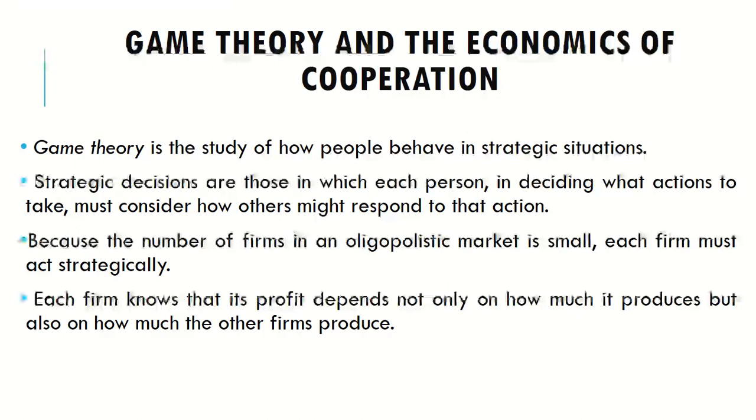Making strategic decisions means that what a firm is deciding depends upon what other firms are deciding about selling their products and earning profits. So each firm knows that its profit depends not only on how much it produces, but also on how much the other firms will produce.